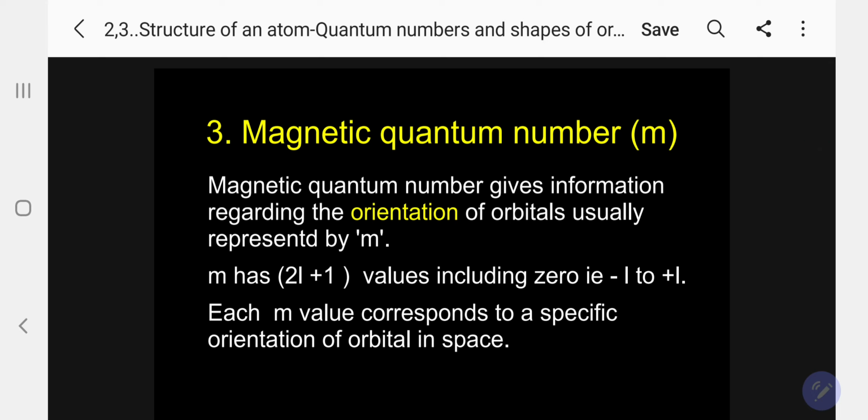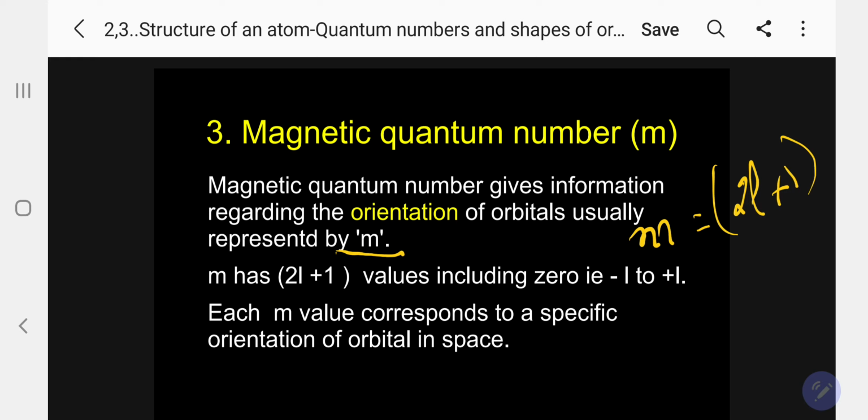The third one, let me discuss now. Third, magnetic quantum number represented by m. The magnetic quantum number gives information regarding the orientation of the orbital. Kindly follow, I can represent it like this: m has 2l plus 1 values, including 0.